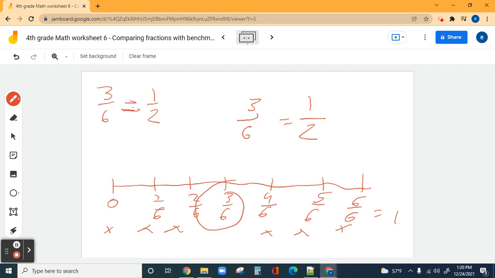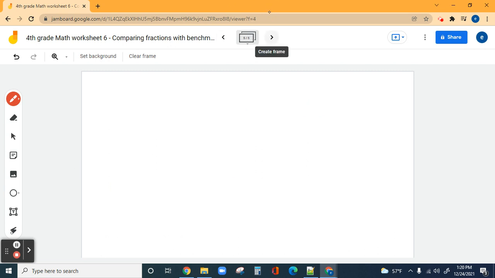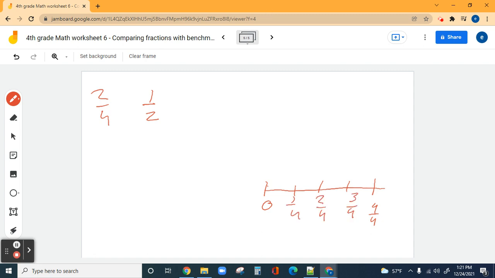Isn't that cool? Now the last one: 2 by 4 and 1 by 2. We draw 1, 2, 3, 4, then 0, 1 by 4, 2 by 4, 3 by 4, 4 by 4.